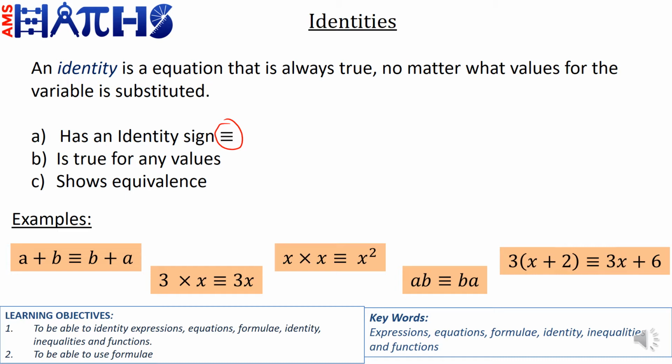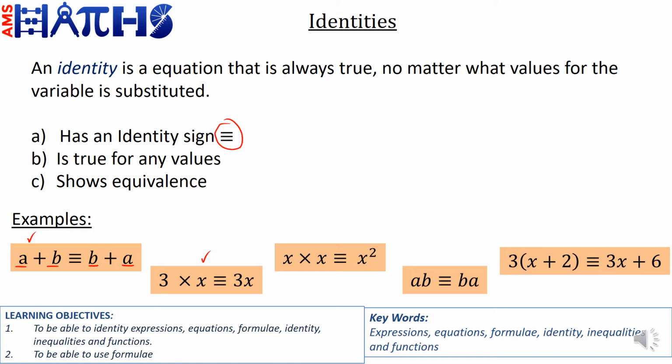Here in this example, we have a plus b, and it's exactly the same as b plus a. So on the right, even though it doesn't look like the same format, they're identical to each other, they're just the same. If we do 3 times x, we know it is identical to 3x.